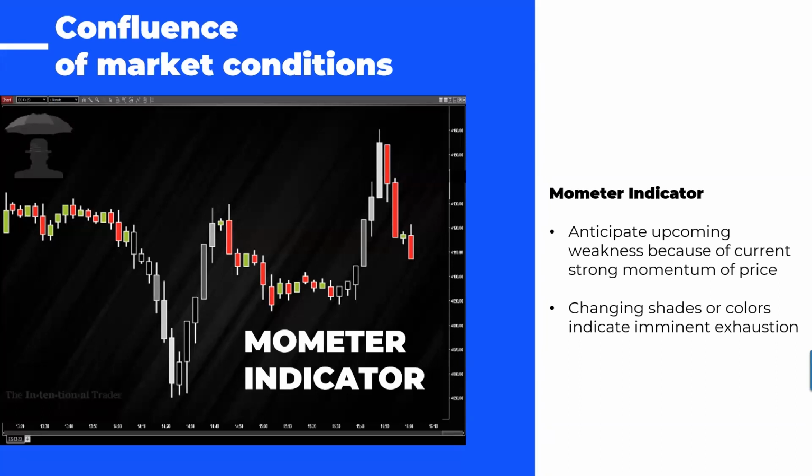All three of those things cause price to stop and change directions, at least for the short term. Okay. So we want to measure strength so that we can anticipate weakness, right?